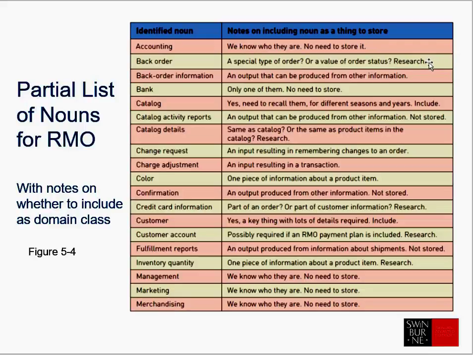Once he has done all this refinement, he will go through the notes and see which nouns need further research. He may ask stakeholders or users to have another discussion and clarify these nouns later on.